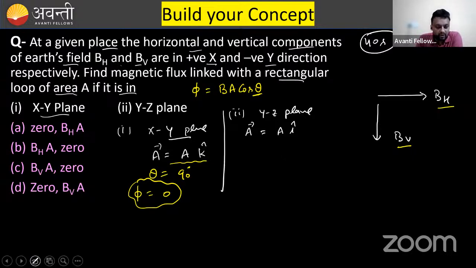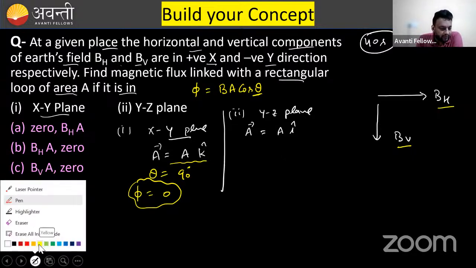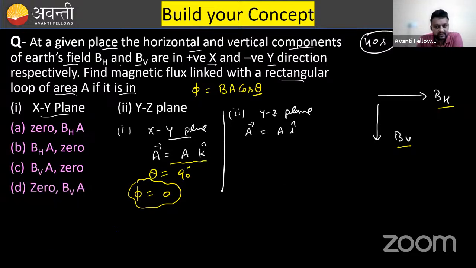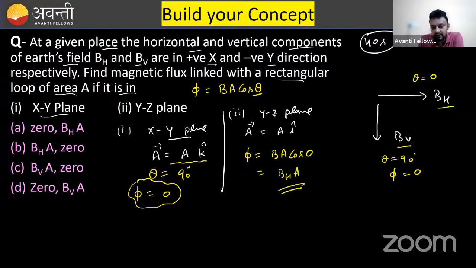So if area is along the x direction, then for the two fields, for the horizontal field, theta will be 0, and for the vertical field, theta will be 90. That means flux in this case is BA cos 0, or you can say the magnetic field is BH, A is the area.